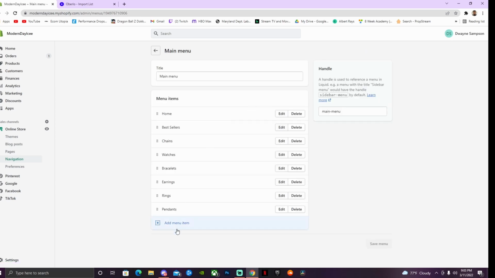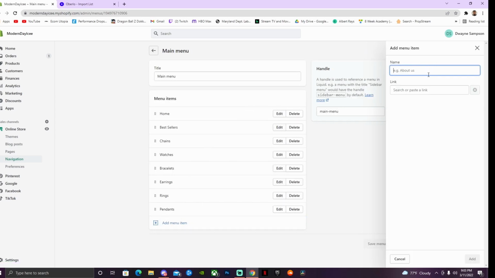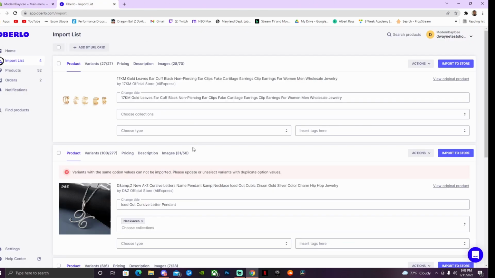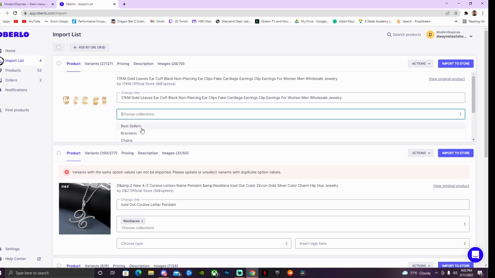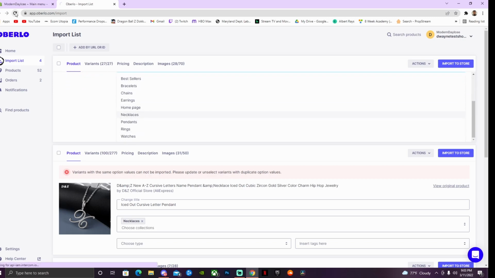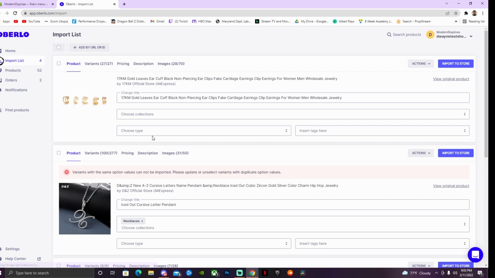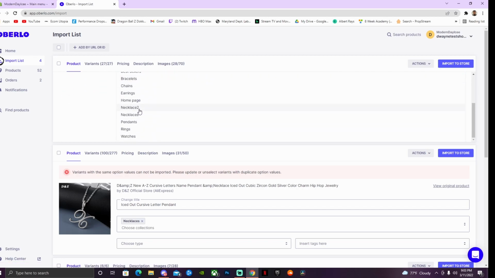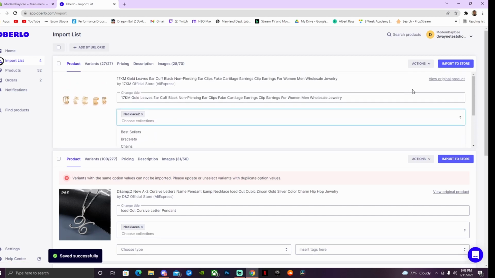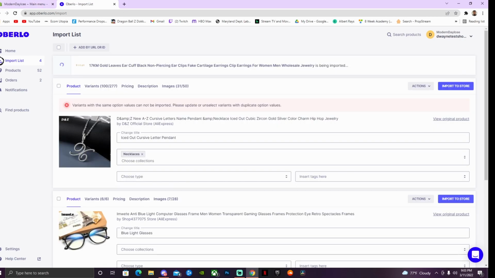So after you already import your products into the collection from the Oberlo import list, you would hit choose collections. For instance, let me refresh it real quick. Choose collections. I would add it to necklace 2. This is the new collection I just made. So I'm going to import to the store real quick just to show you all.